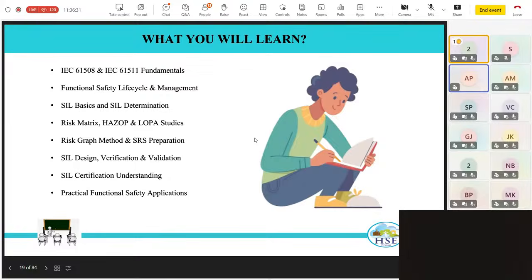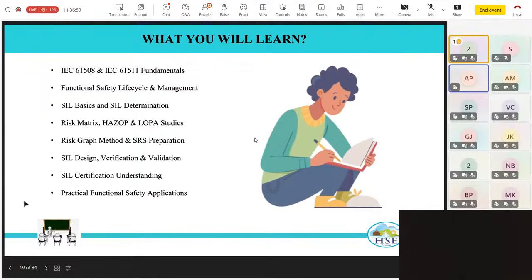Then one very important topic is certification, which many people ask about. We will explain in detail what certification is, how it is done, and what documentation is to be looked into. Then some practical functional safety applications, if time permits.